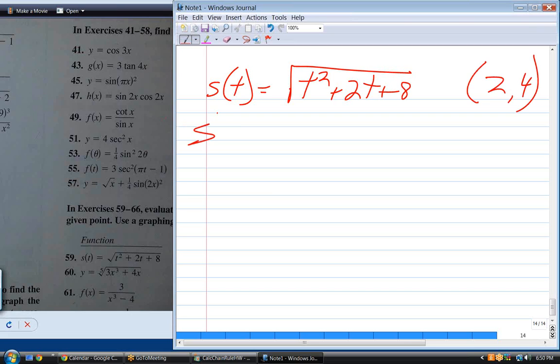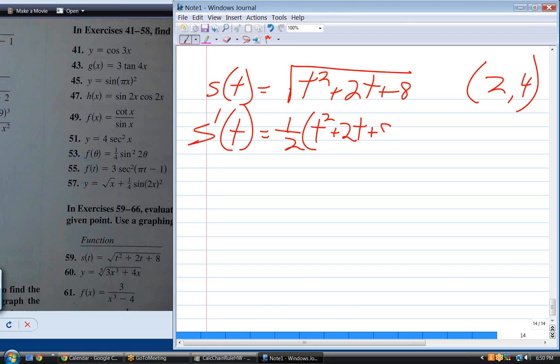So the first step, S prime of t would be 1/2 times t squared plus 2t plus 8 to the negative 1/2 power.